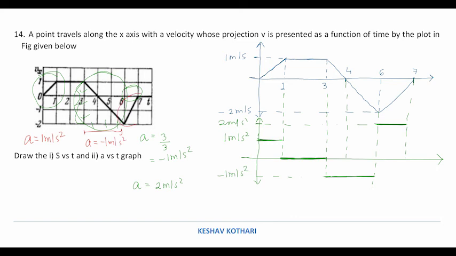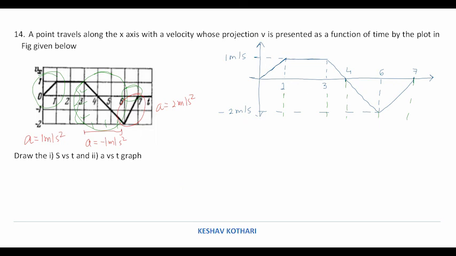And in this portion, acceleration is plus 2 meters per second square. So we are removing the acceleration time graph and making space for the displacement time graph. So now we will be understanding the displacement time graph. So displacement can be written as the area under the graph.